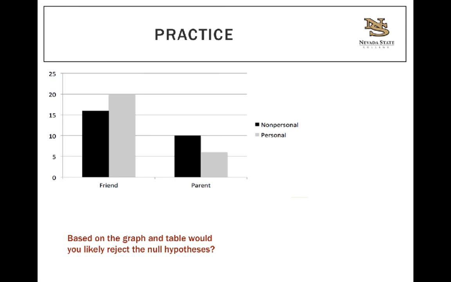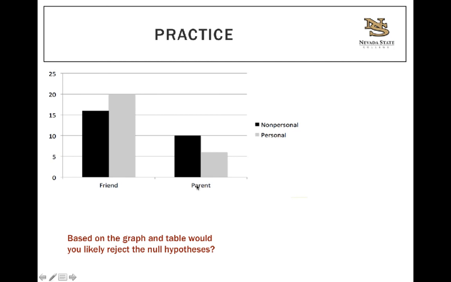So here are the data for how long these conversations on average took place, and this again is in minutes. So if participants are talking to their friend about non-personal things, they talk to them on average for about 16 minutes. If they're talking to a friend about personal topics, they talk to their friend for on average 20 minutes.